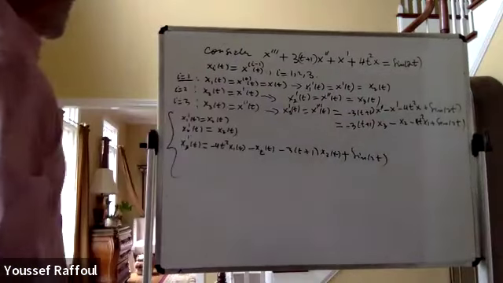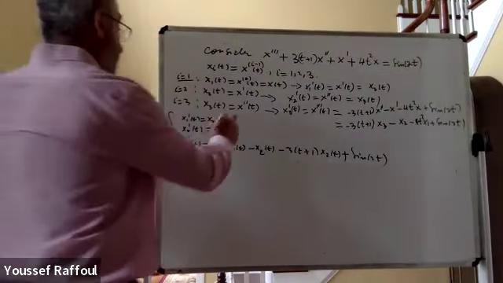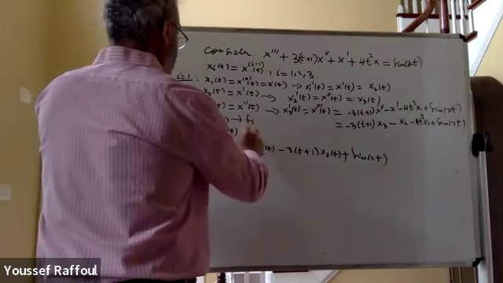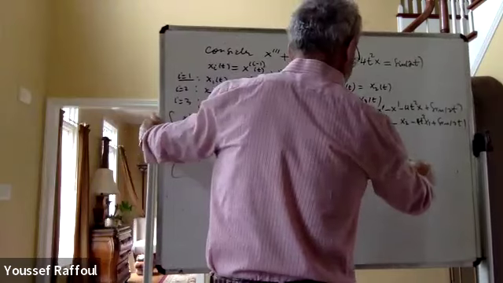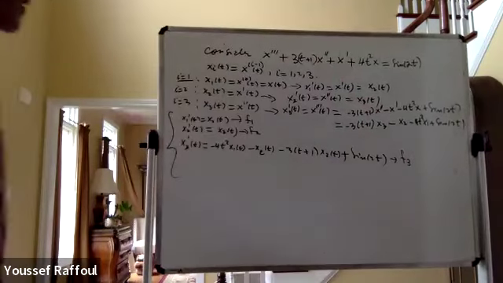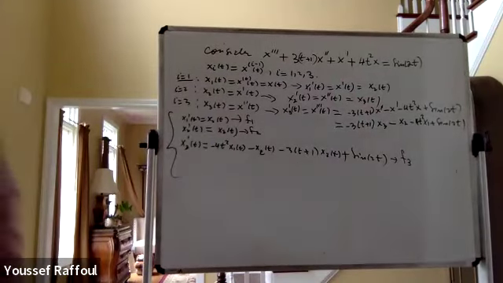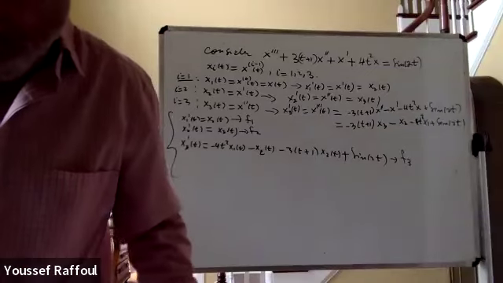Okay, so that is your system. So basically, this will be your f1, this is your f2, and this is your f3. Okay? All right. That's enough of that.